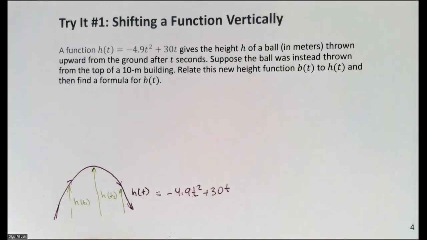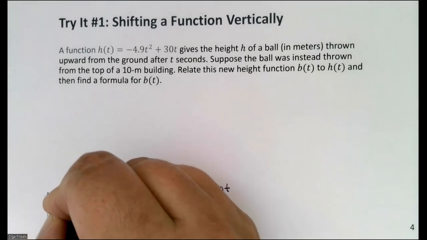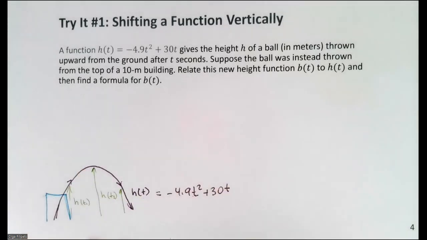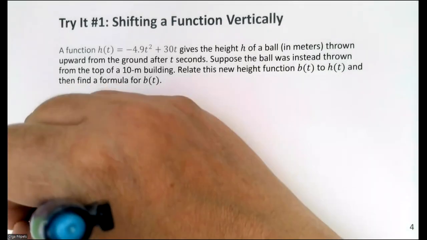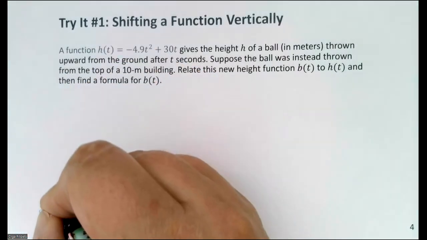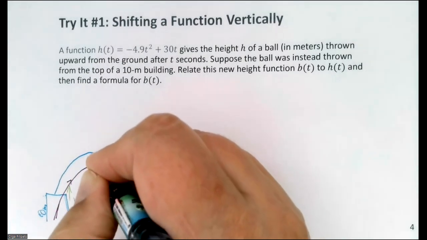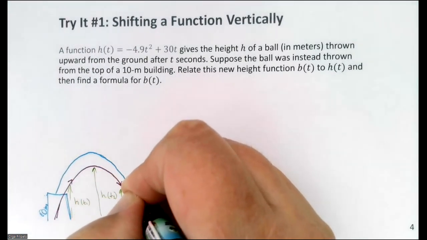Now, this same object is thrown from the, what does it say? 10-meter building. So we have 10 meters here, a 10-meter building. It's thrown from the 10-meter building with the same force.